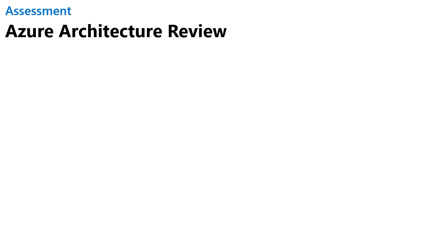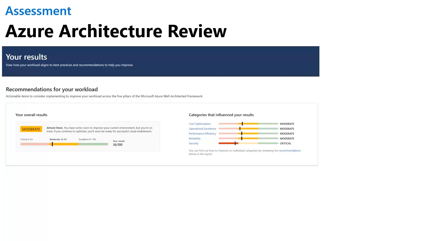Because this is an assessment tool, you have to go through a number of questions, and you can also use automated tools within these tool sets to look at your current Azure environment. The combination of your answers to the questions and the results of the assessment tool will yield a report that looks like this. It gives you a review, and in this case, I'm not doing too hot.